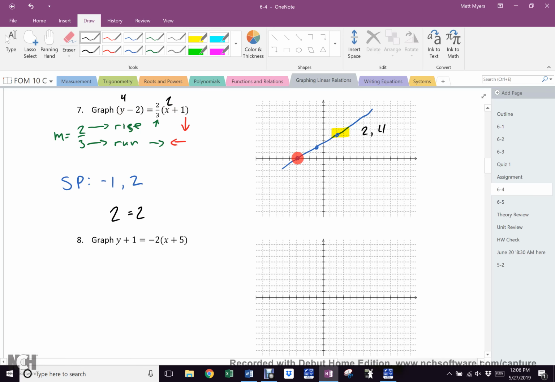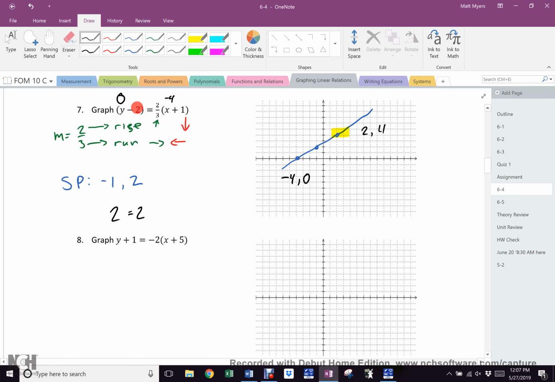What's this point right here? -4, 0. What letter does that represent? X. So what number could I put there? -4, correct? What letter does that represent? Y. So what number could I write there? 0.